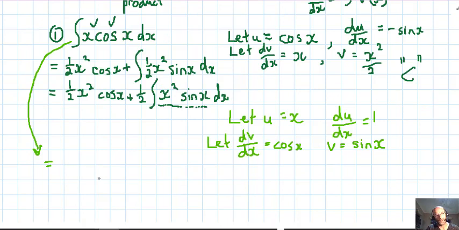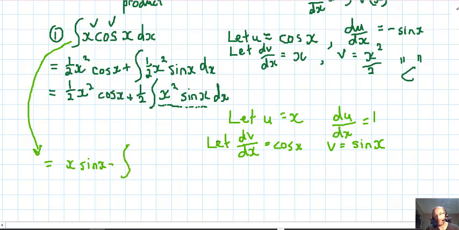Okay, so I've set it up the other way around in the light green, and let's proceed. So we have u times v, which is x sine x, minus the integral of v du dx. So that's sine x times du dx is 1, so that's just sine x. Aha, that's what we were looking for.